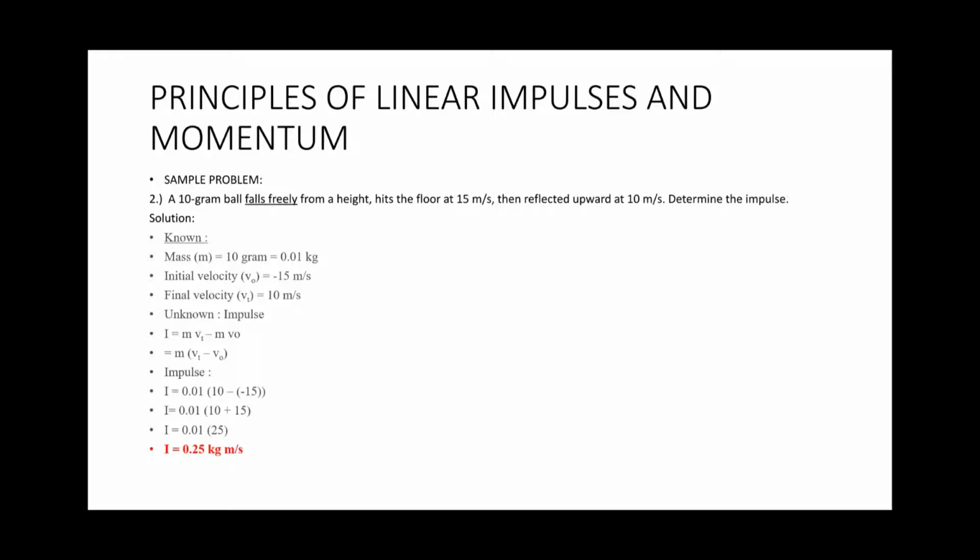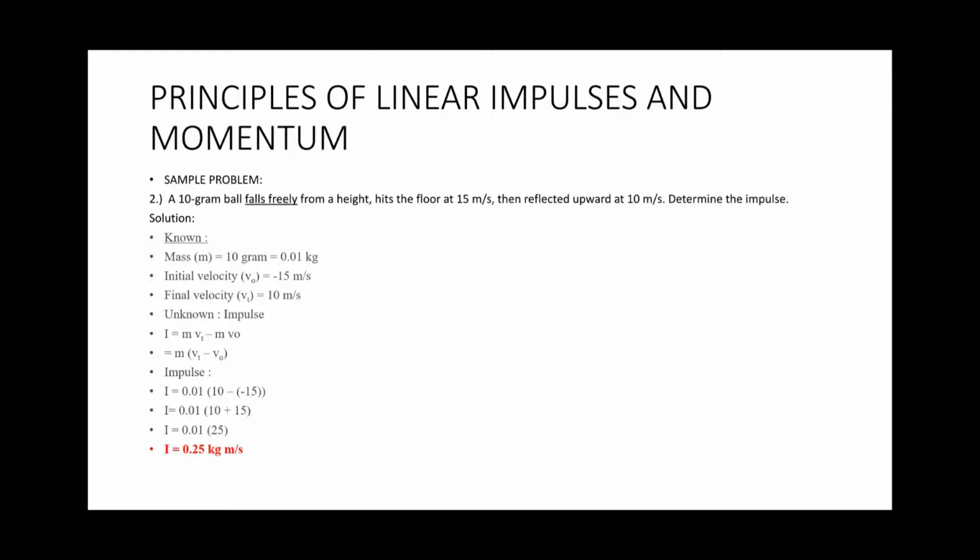Then we have the unknown impulse. The formula in getting the impulse is F delta t, but in this case, we use I equals mv1 minus mv0, which is mass times final velocity minus initial velocity.